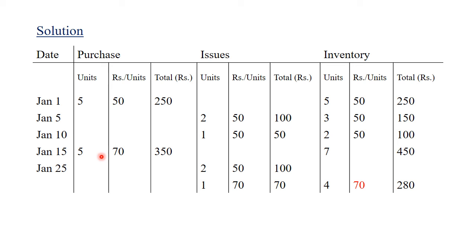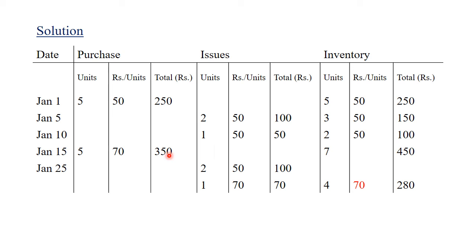On that date we have purchased another 5 bikes which cost around 70 rupees per bike. So you get a total of rupees 350 as the purchase price, and that will be added to the inventory. So the inventory left is how much?